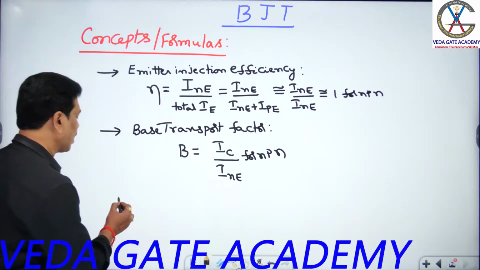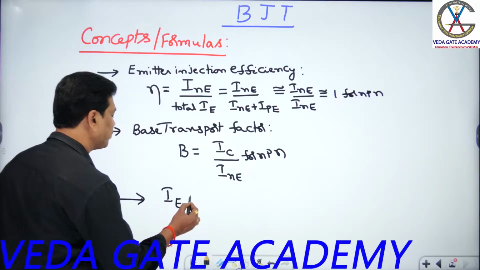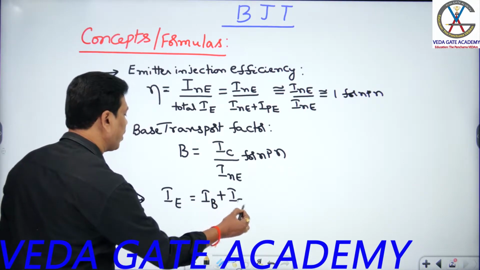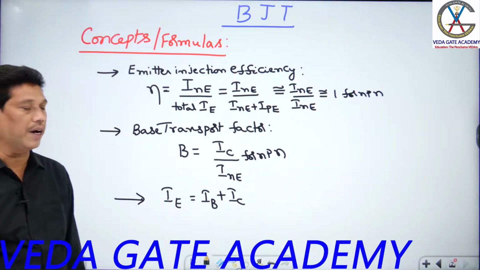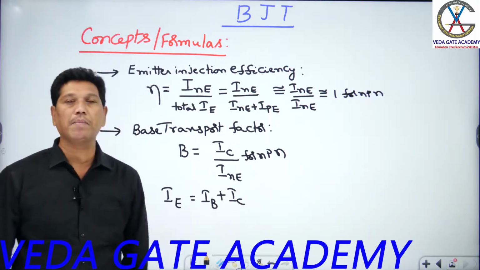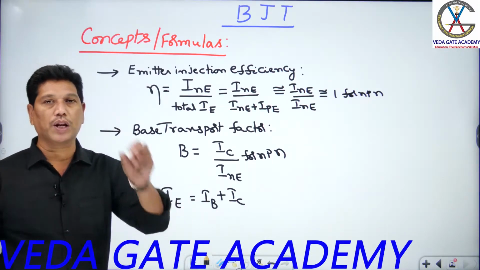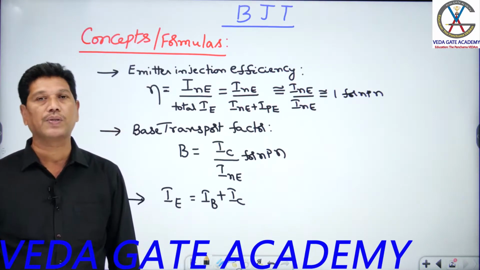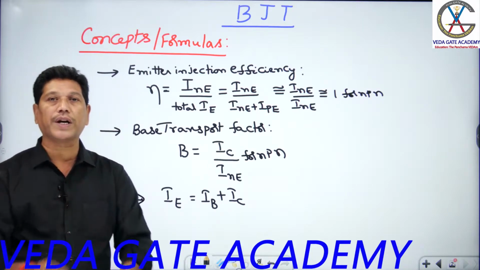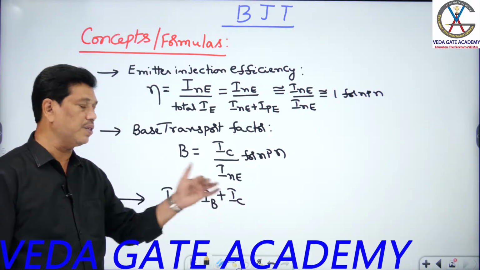The total current relation in a BJT, ignoring minority current, is IE equal to IB plus IC. The base current IB is due to the recombination of electrons and holes in the base region, and the base region is very small, which reduces the rate of recombination. So the base current is negligible compared to the injected collector current.